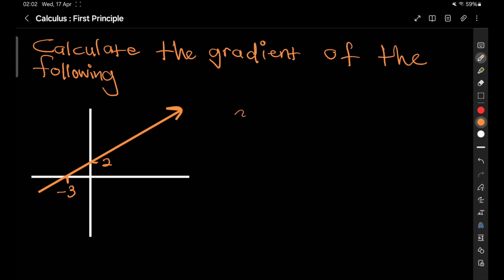From what we've learned, gradient is calculated by saying m is equal to f(x2) minus f(x1), all that over x2 minus x1.